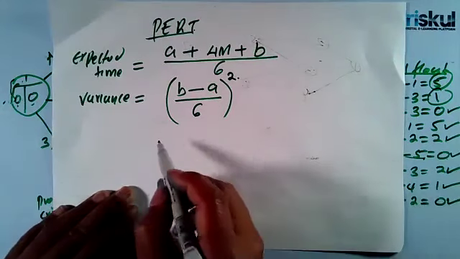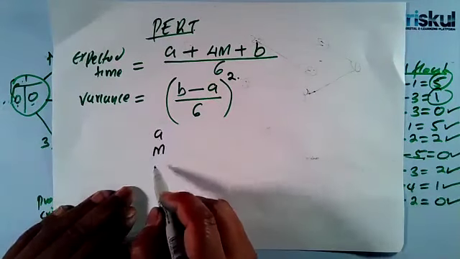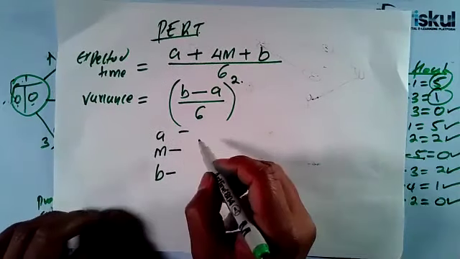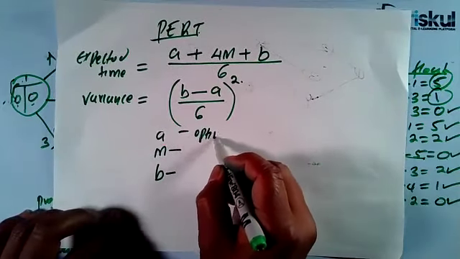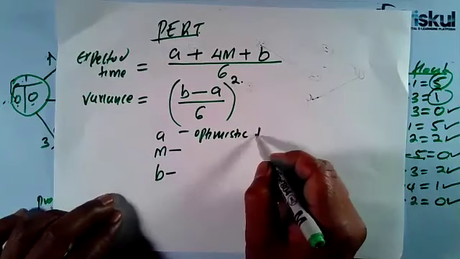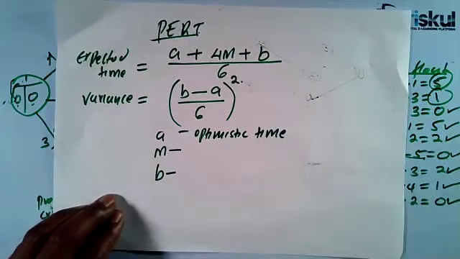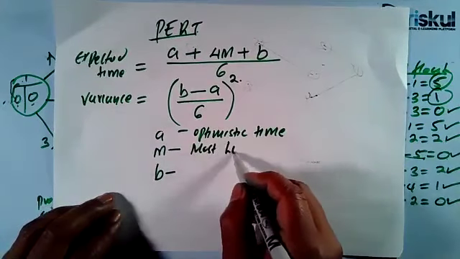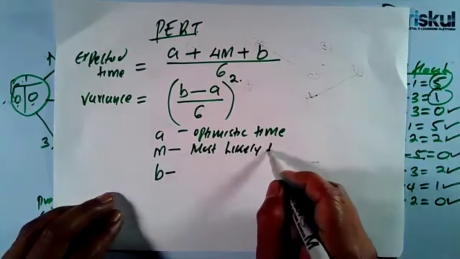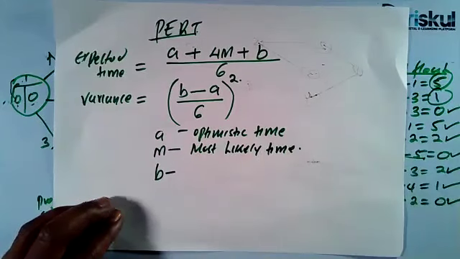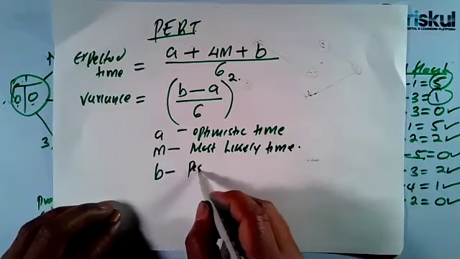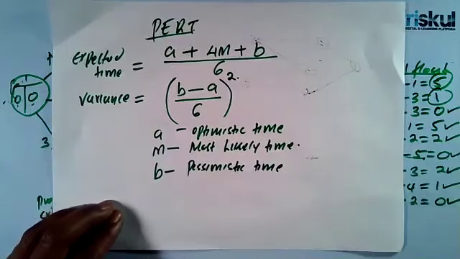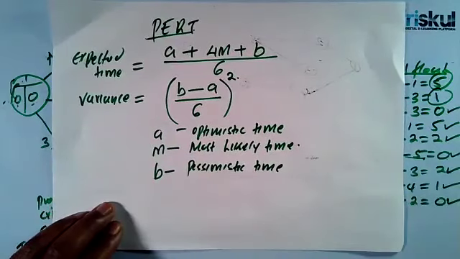What does that mean? What's A? What's M? What's B? A is what we call optimistic time. That means the shortest time you can be able to complete the project. M is the most likely time. And B is the pessimistic time. Pessimistic means the longest time you can take.